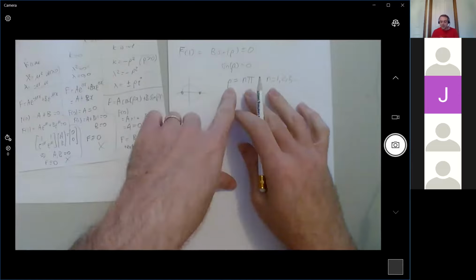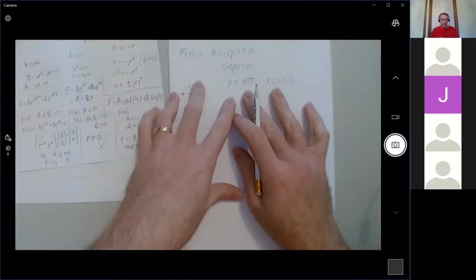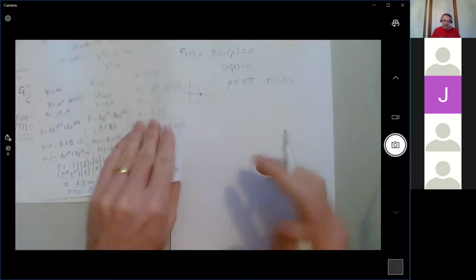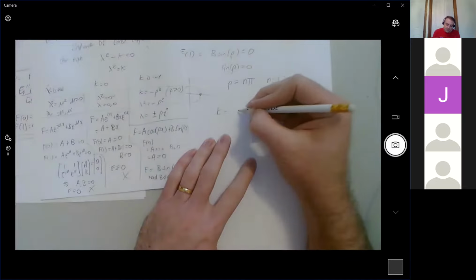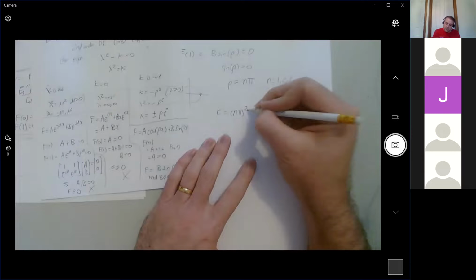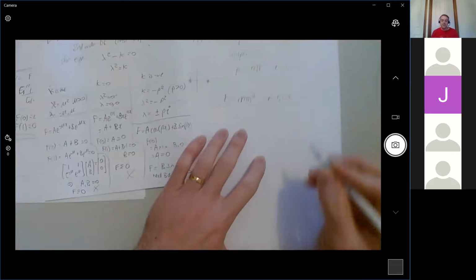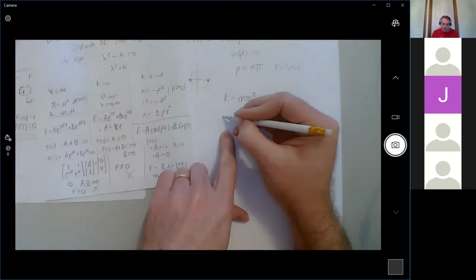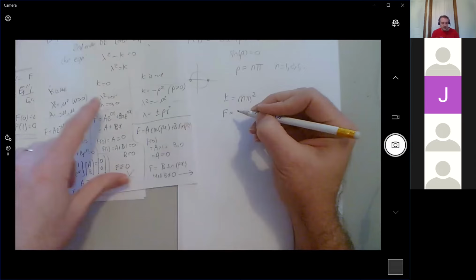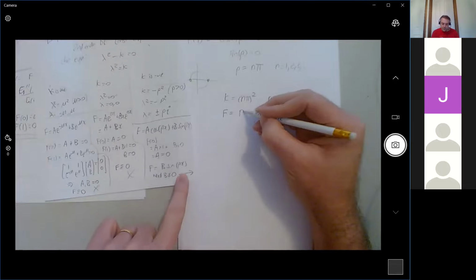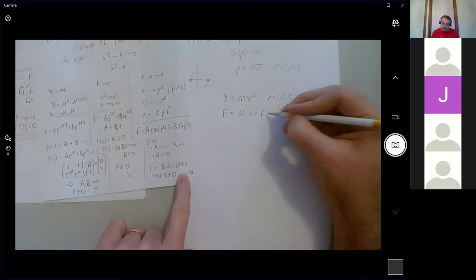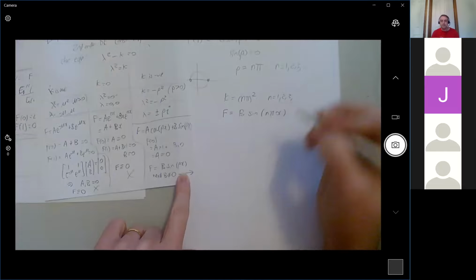So when we track this back here, we end up coming back here and the k actually has to be n pi squared, for n being 1, 2, and 3. And if k is that, then the matching f is actually b sine n pi of x.